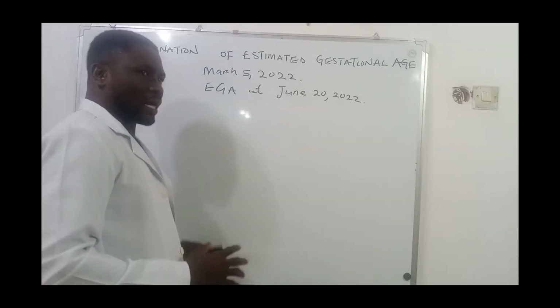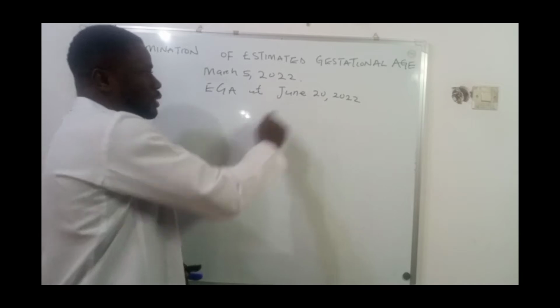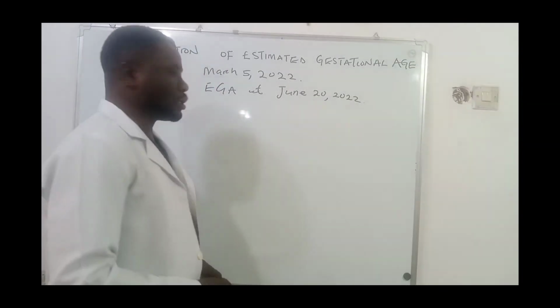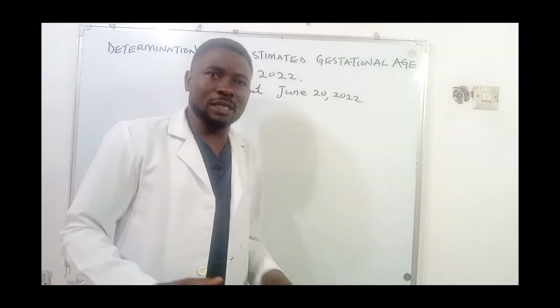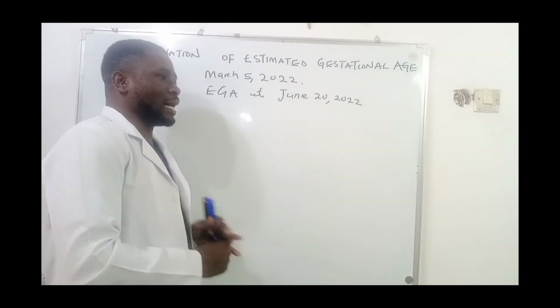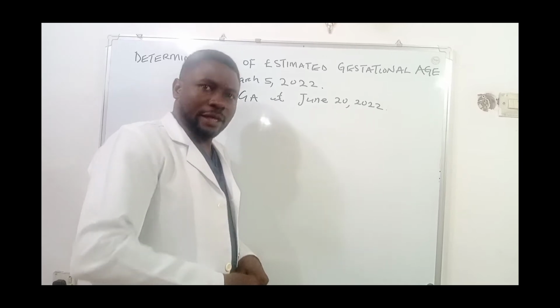She came for antenatal care on June 20, 2022, and she wants to know the age of her pregnancy. So for us to calculate it, we will have to take into consideration these two dates, which are her last menstrual period and that very day she presented at the clinic.